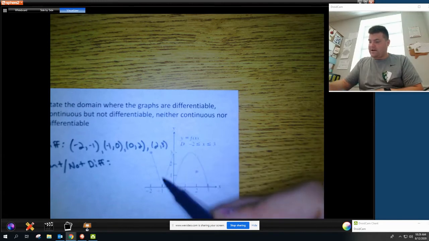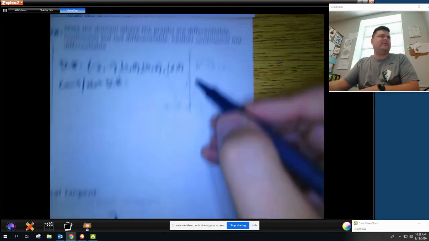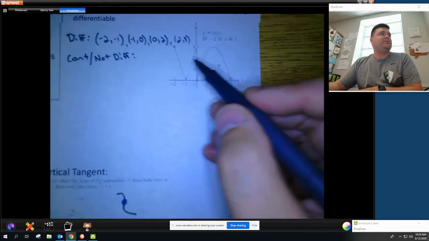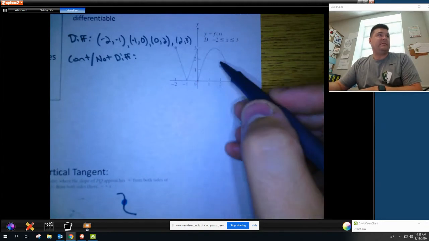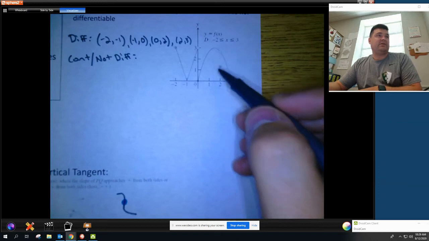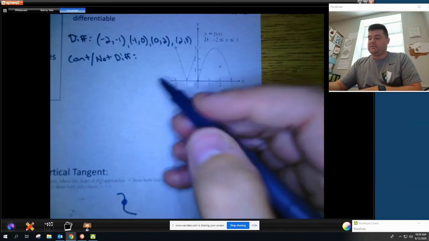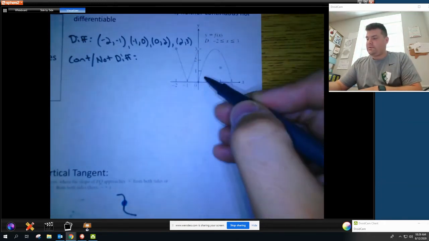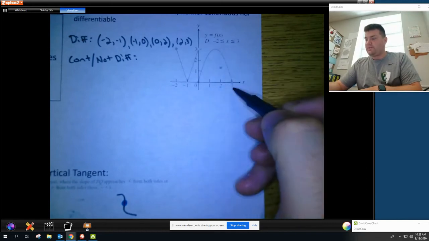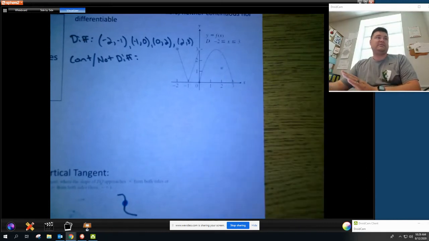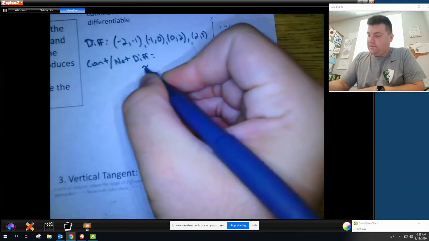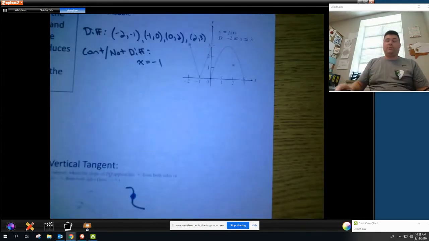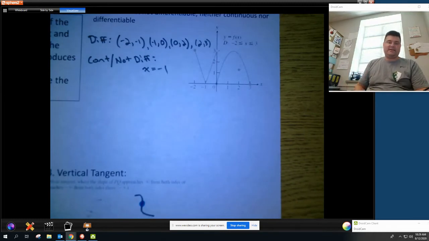Sorry. It's not continuous, so I don't care. I'm not thinking straight today. Not continuous here, so I'm not going to include that. And it's not continuous there, so I'm not going to include that. So it's continuous here, here, and then there. So which one of those is going to give me something that's not differentiable? It's right here at -1. So that's the only spot where it is continuous and not differentiable.